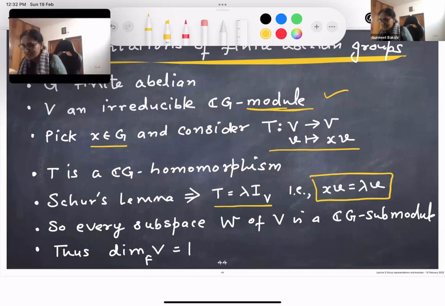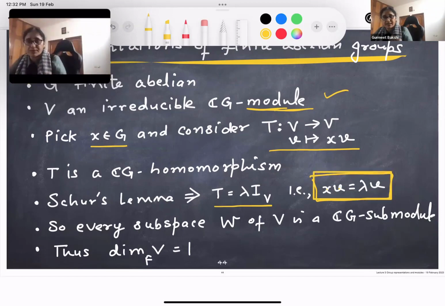So every subspace W of V is a CG submodule, because this tells you the action of G on V. The action of G on V is x dot v equals lambda v, where lambda is a scalar, an element of C. So if I take any subspace of V, it becomes a CG submodule of V because of this property.